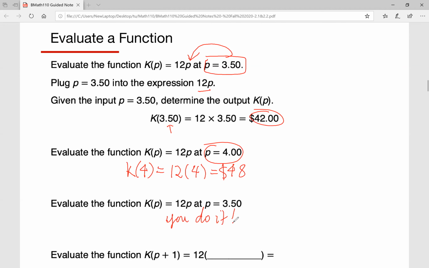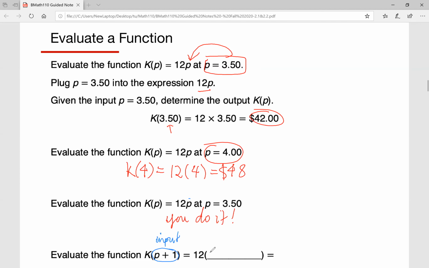Okay, so now let me solve this one. Remember that the p plus 1 in here means that this is the input. So whatever the input is going to be, you're gonna change all the p from the original function to be the input.